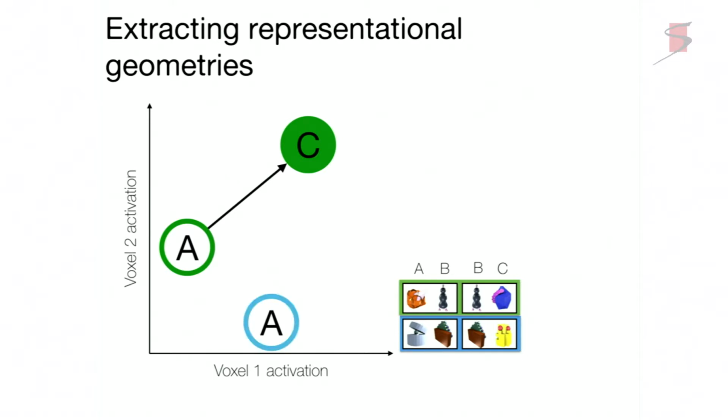Then we can look at a different triad, ask where A is in that representational space, add this vector to it, and make a prediction about where the corresponding C should be. We compare that to the actual neural representation to see if these vector spaces transfer and tell us anything about the hierarchical structure.